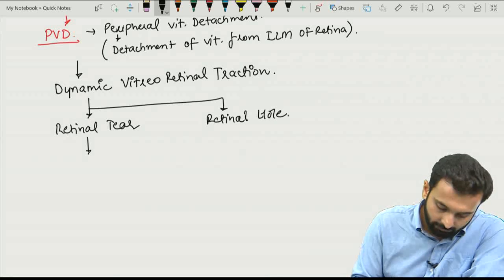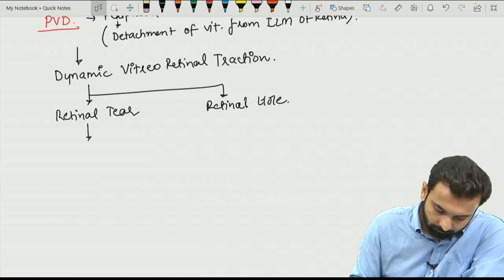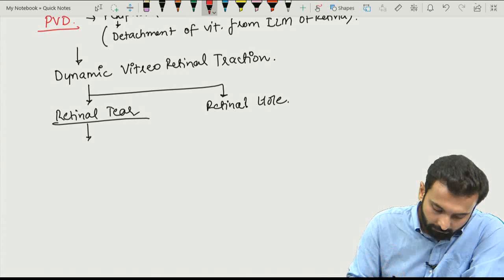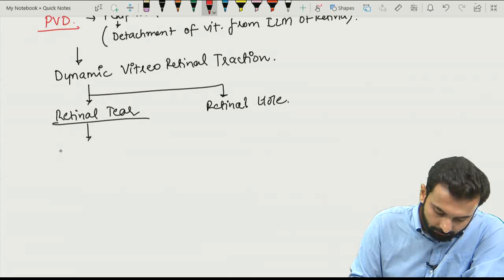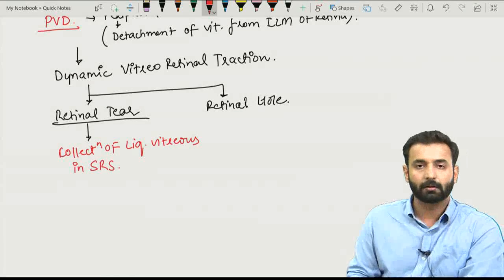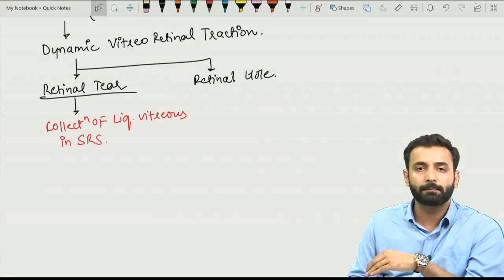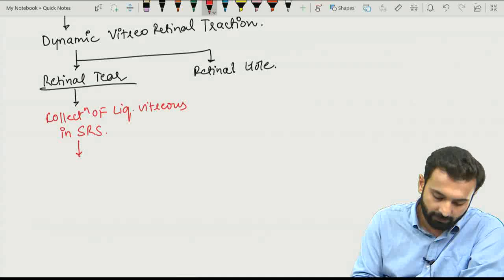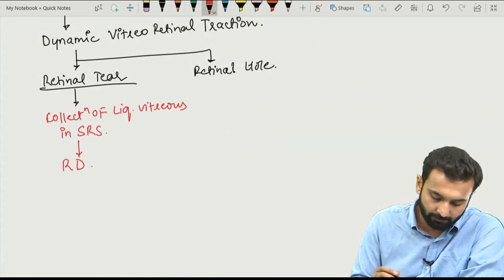So a retinal tear will lead to collection of liquefied vitreous in the subretinal space, and this can lead to retinal detachment.